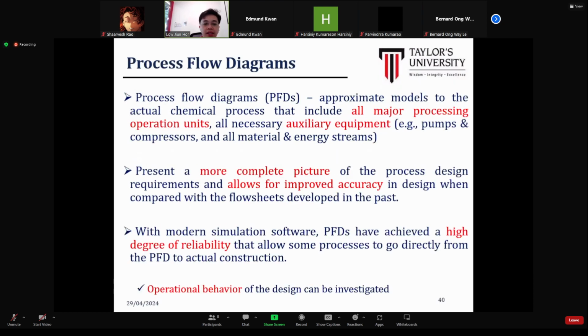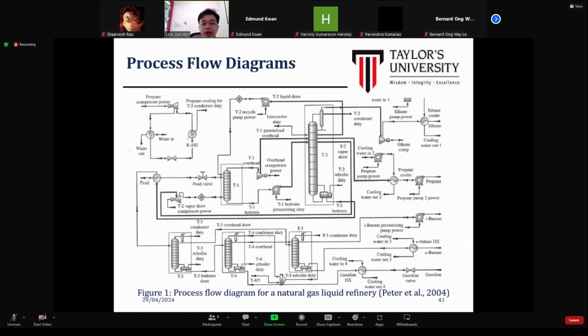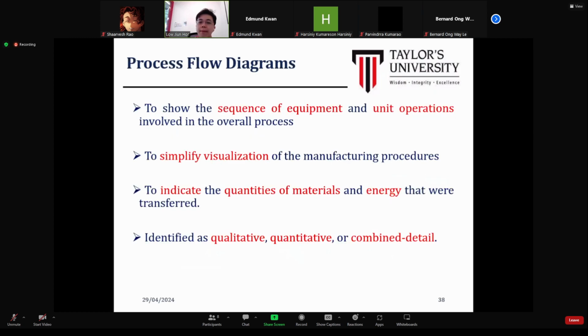And the process flow diagram not only provides us the information on how the raw material is processed to produce a final product. Based on the process flow diagram, it can also provide us qualitative and quantitative information, or even a combination of both.